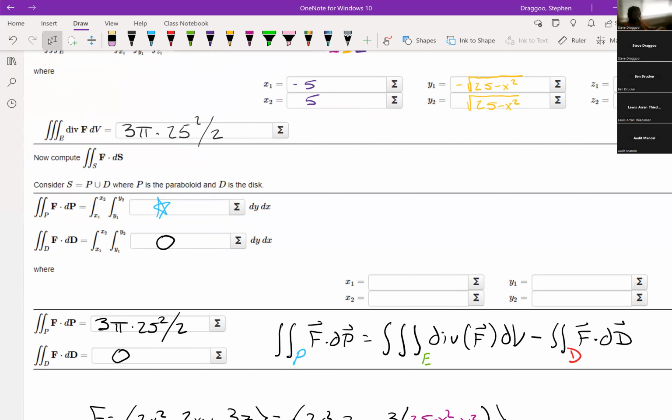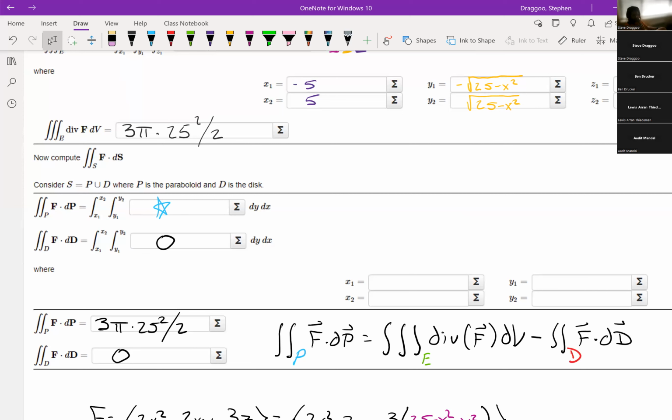And we'll see later on that the flux that goes out of the disk is just zero, meaning that I can just take the value I already calculated when I did my triple integral, subtract zero from it, and that's the flux out the paraboloid. So that's the big brain play we're going for here.